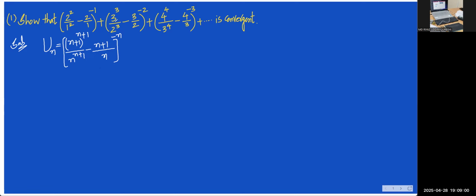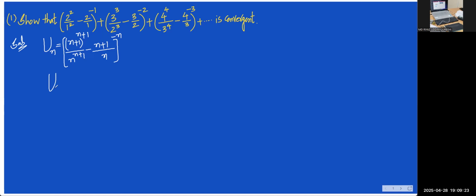If you put n is equal to 2, are you getting the second term? Yes. If you put n is equal to 3, are you getting the third term? Yes, we are getting. It means un is confirmed here. Now here one more identification, that the power is in terms of n means we have to apply the root test only. Cauchy's is the root test only. Step number 1 we got it.